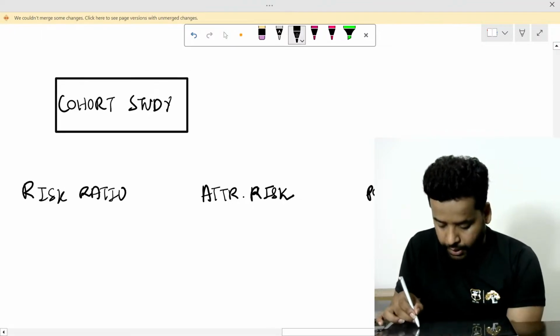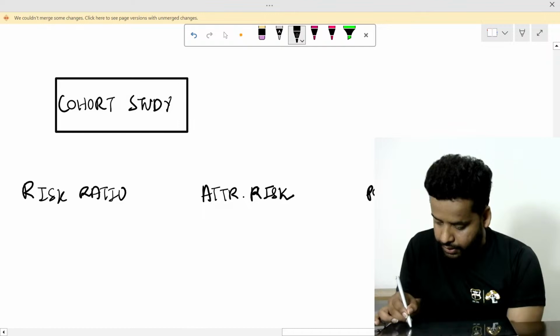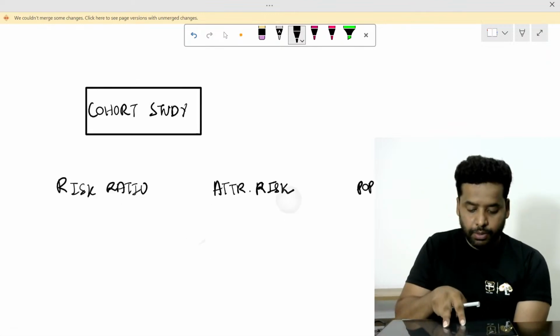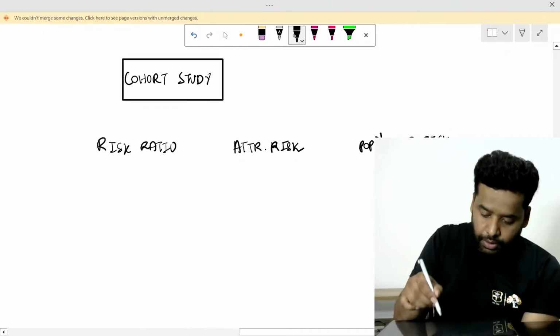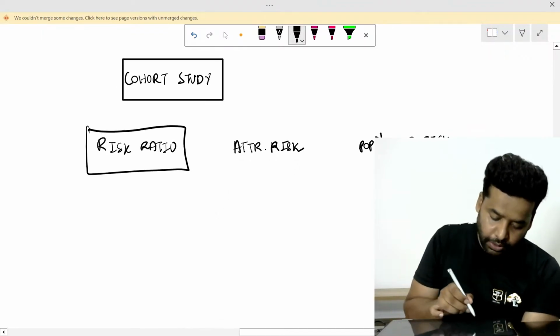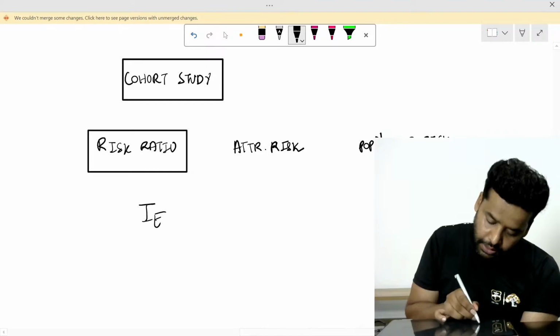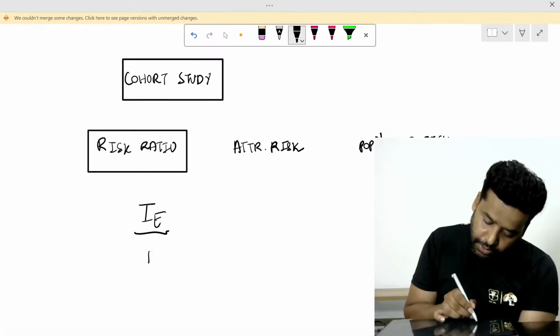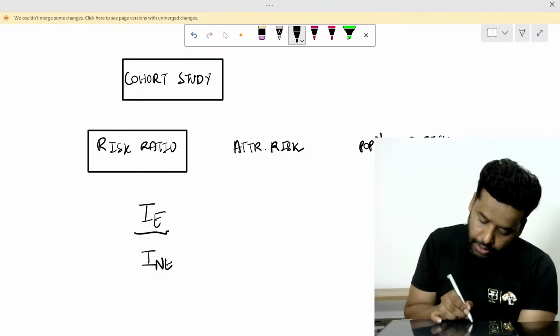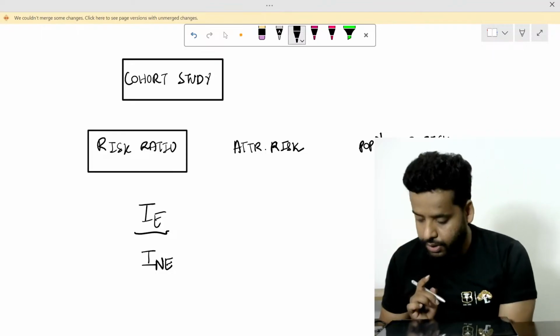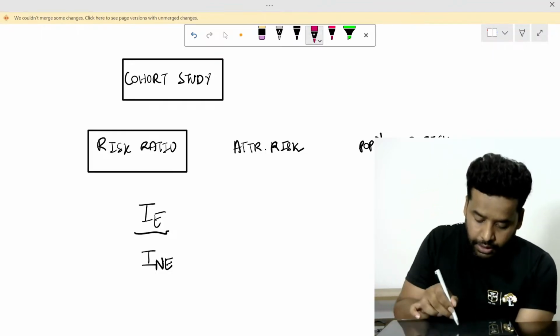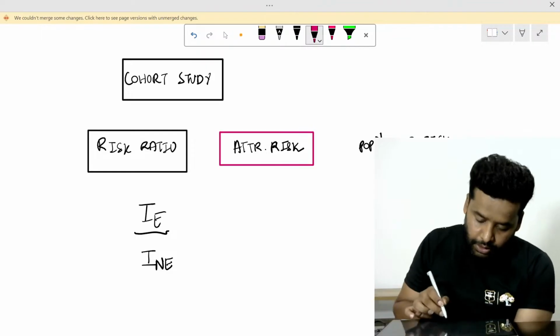Population attributable risk. The formula for risk ratio is dividing two things: incidence in exposed divided by incidence in non-exposed. Attributable risk means you can use two formulas.